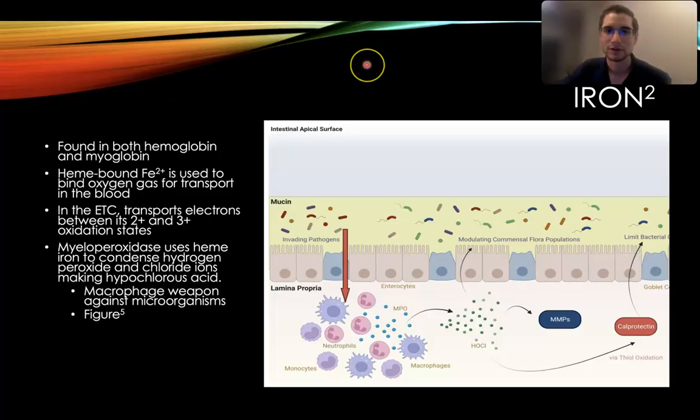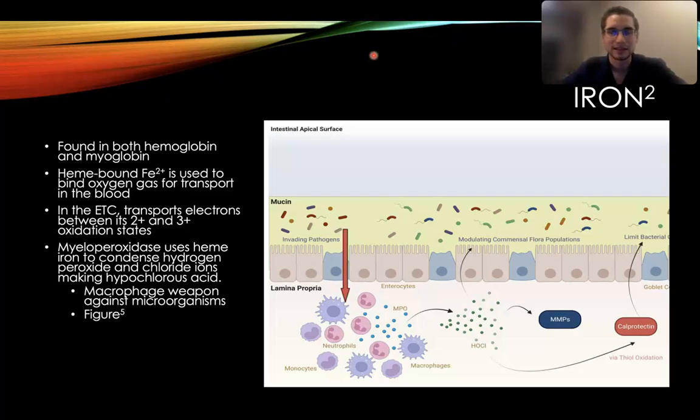So, for example, myeloperoxidase uses heme iron, the same heme iron as in the hemoglobin, and using the multivalent states and electron transfer properties, it's able to form hypochlorous acid by condensing available hydrogen peroxide and chloride ions in the environment.